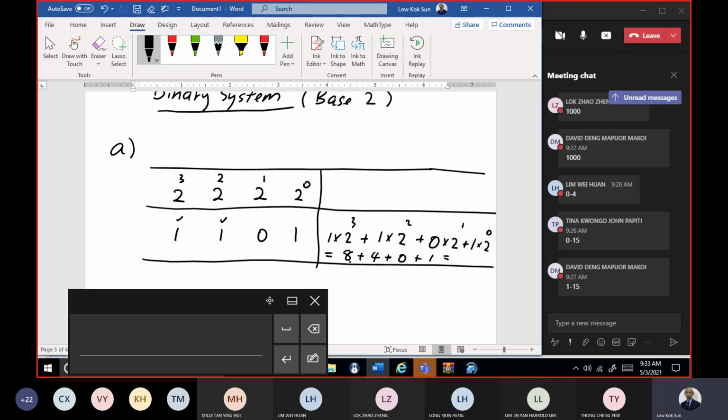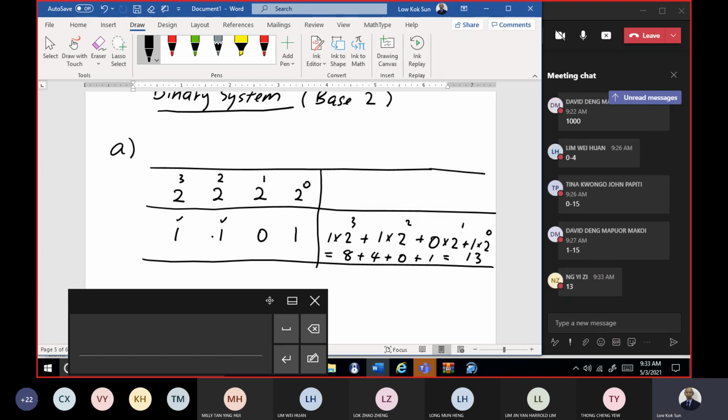So what is the answer? 13 only. If I tell you that you will get a pay of this 1101, don't be too happy. Your pay is only 13 if you convert into decimal number.